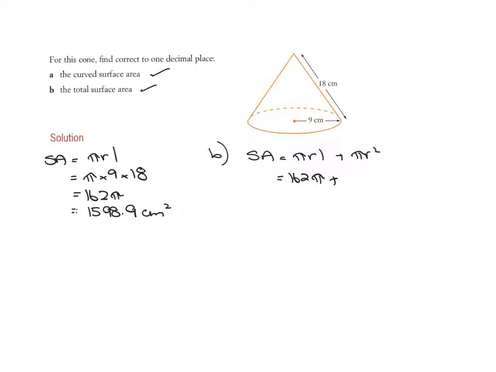With the second bit, I can just write out 81 pi, because I can see clearly that the radius is 9, and 9 squared is 81, and I've got pi. So 162 plus 81 gives me 243 pi. That's the answer in exact form. Times that by pi, and I end up with 2398.3 square centimetres.